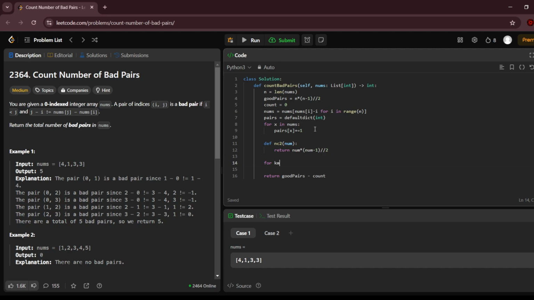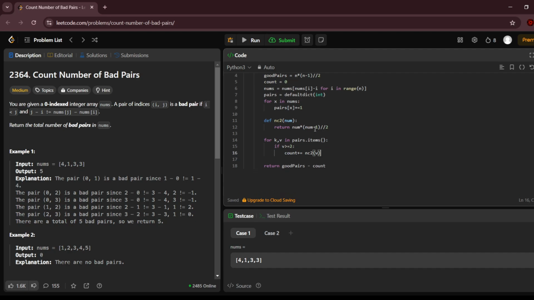Then we iterate through all the values in pairs, and for all the values that are greater than or equal to 2, where we can actually choose two numbers, we can just add to the count NC2 of that value.